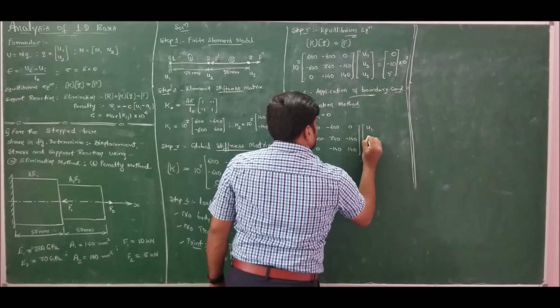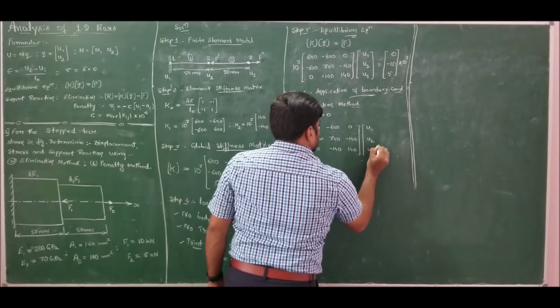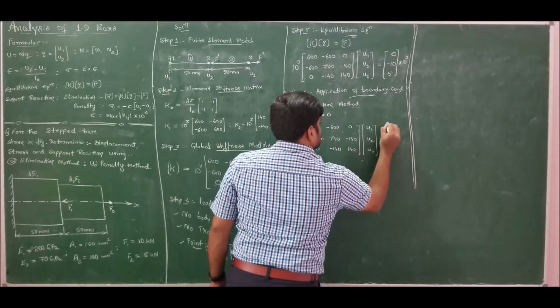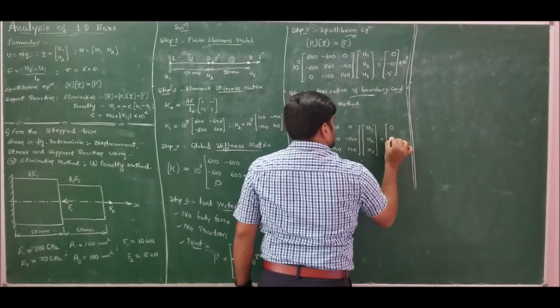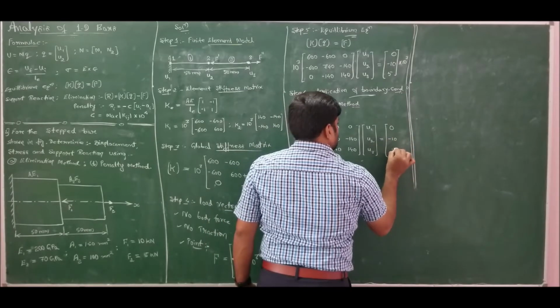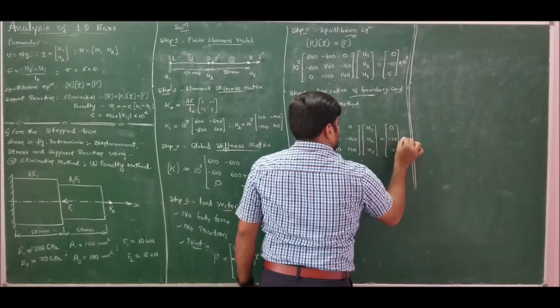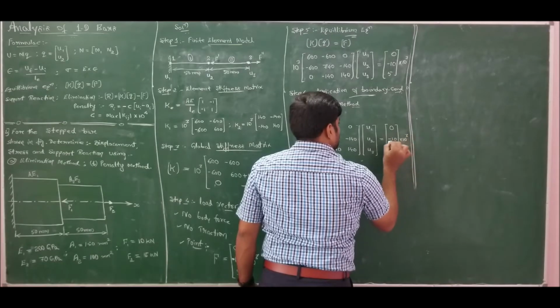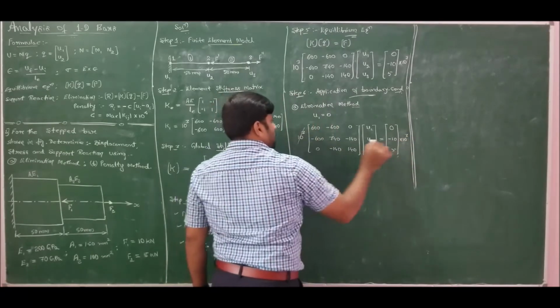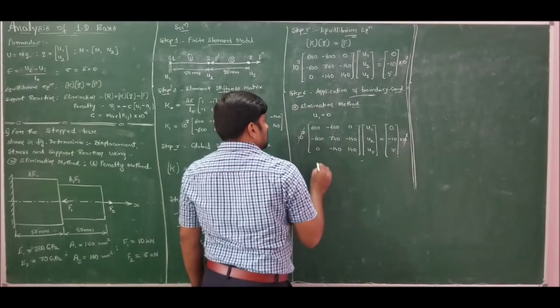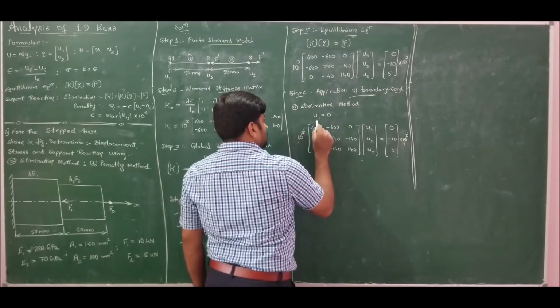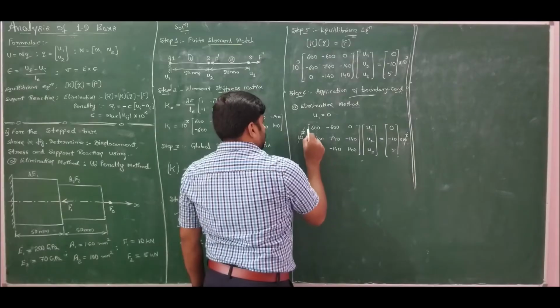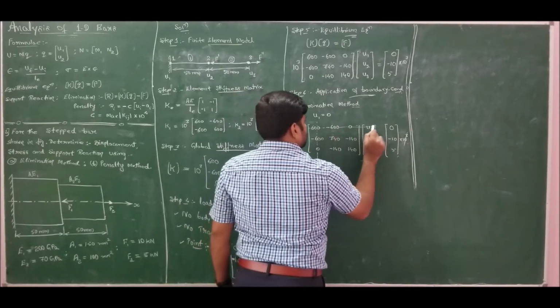Displacements are u1, u2, u3. This must be equal to 0, minus 10, 5 into 10 to the power of 3. So I can cancel off 10 power 3 on both sides. Since u1 is equal to 0, I can eliminate the first row and first column.